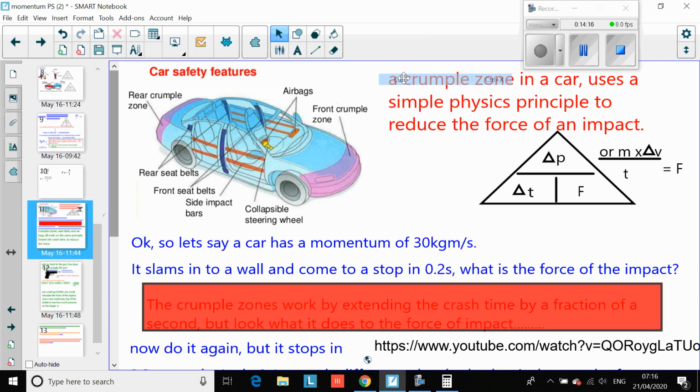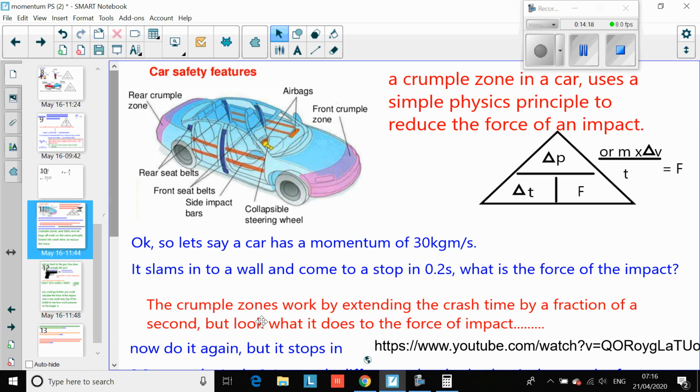Now, the crumple zone works by extending the crash time by a fraction of a second, but look what it does to the force of the impact. So I'm going to take the same car, but this time I'm going to extend it by just 1/10 of a second to 0.3 seconds. Let's see what that does to the force.